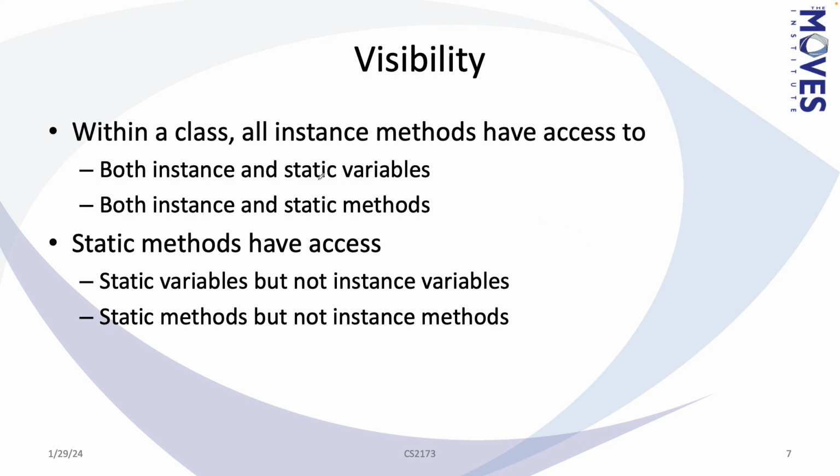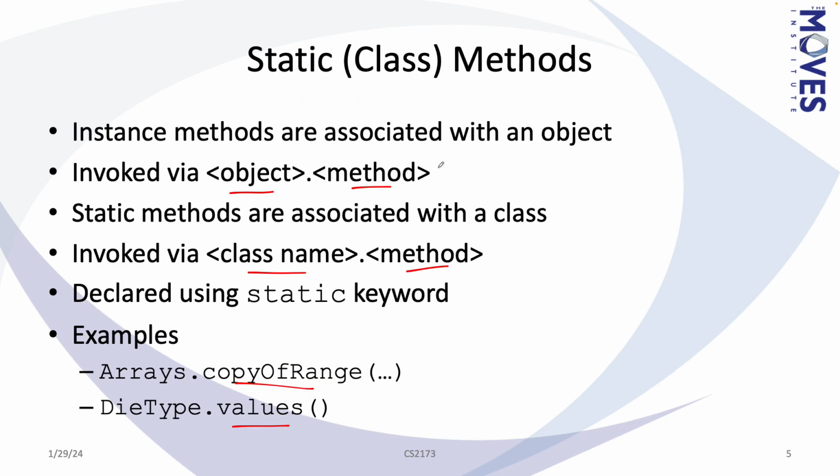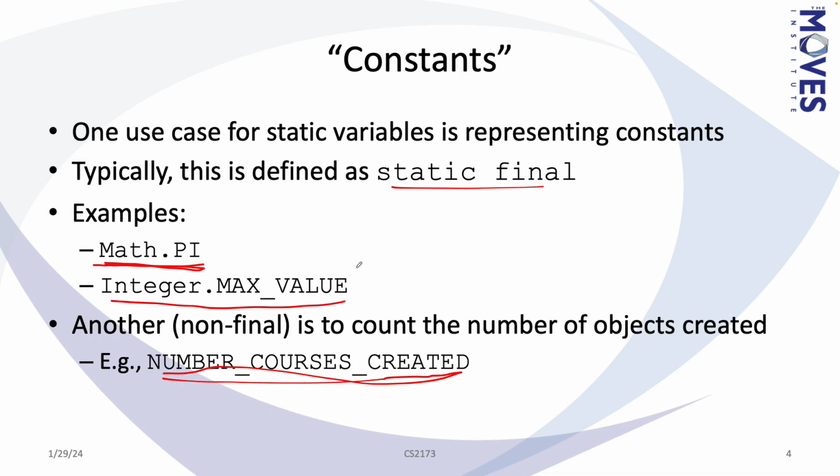Now, a public static variable can be referred to outside. Here are examples of public static final variables. If it's public, it should be final. So we can see that anywhere.